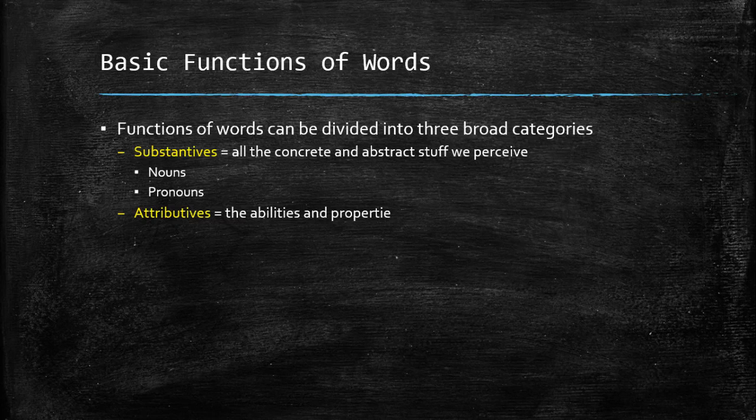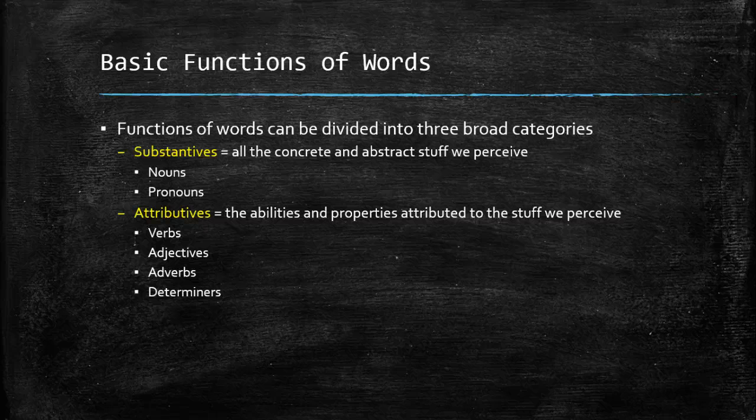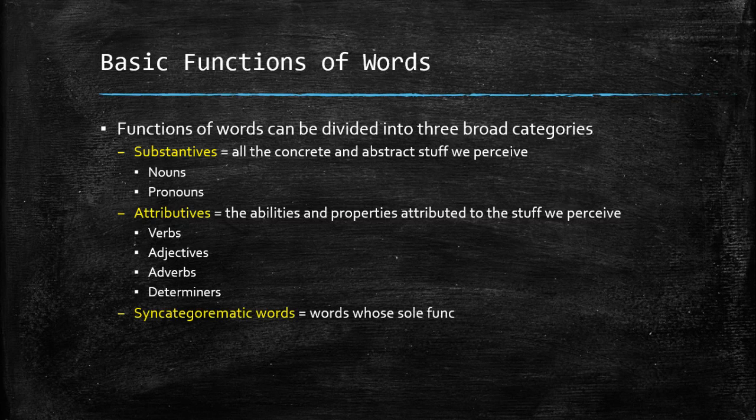We have attributives, which are the abilities and properties attributed to the stuff that we perceive. The parts of speech that are attributives can include verbs, adjectives, and adverbs, and sometimes determiners, depending on how you look at it. The way that I teach it in my class, we're going to go ahead and call determiners attributives.